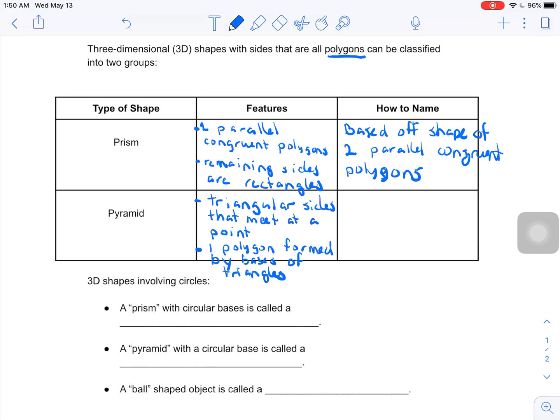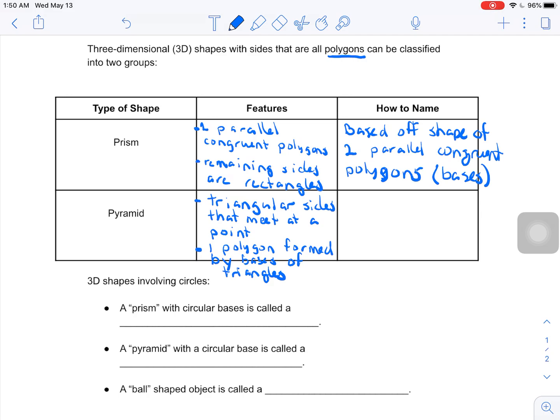So a pyramid, its name is based off of, oh, and those, we're going to rewind. Those two parallel congruent polygons, so maybe you've got two parallel triangles that are being connected together. Those are called the bases of the prism. So a prism will always have two bases.